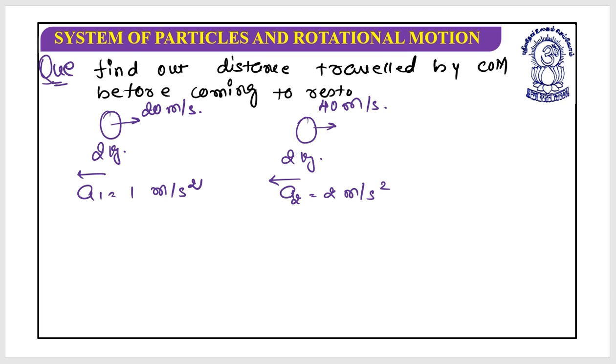They say to find the distance traveled by the center of mass before coming to rest. Just take 30 seconds and think about what we should attempt to find the distance of the center of mass before it reaches rest. How will we do this?